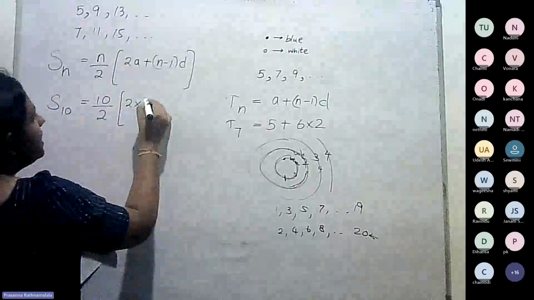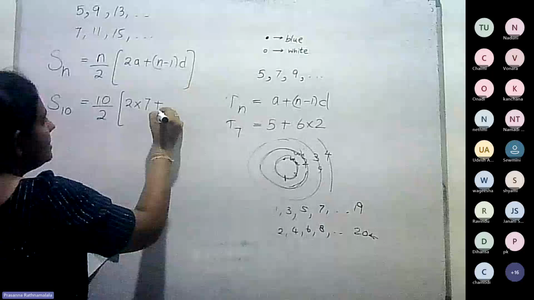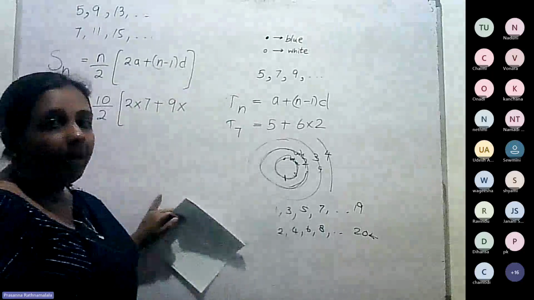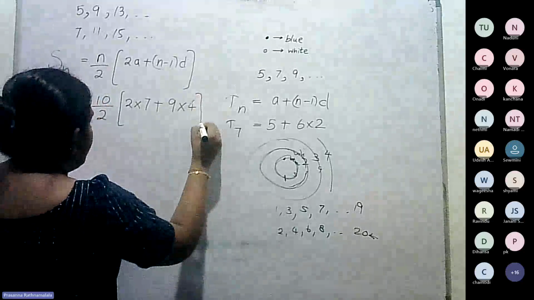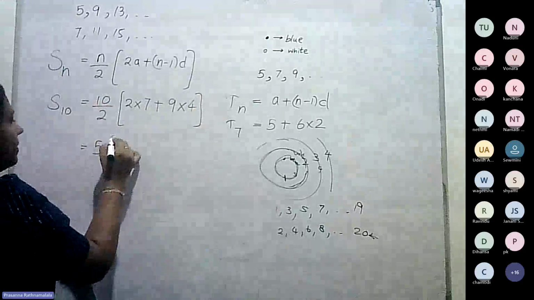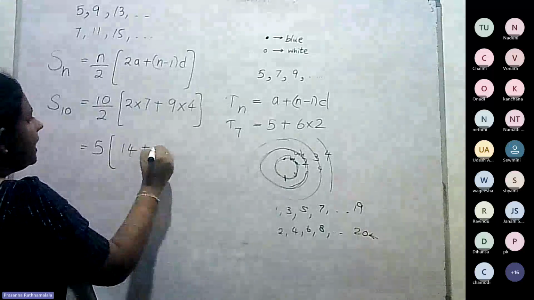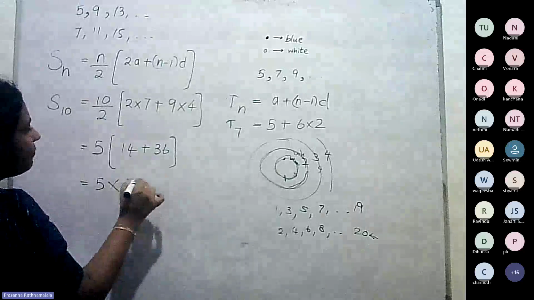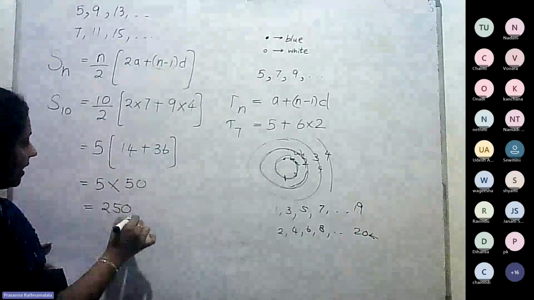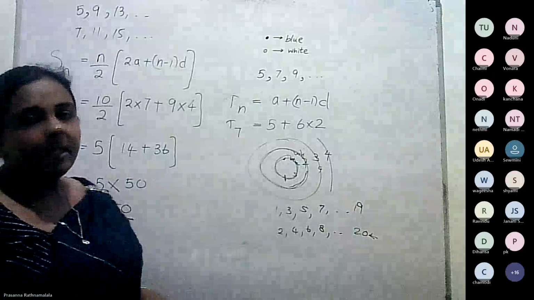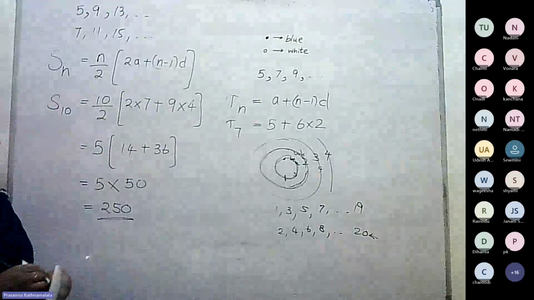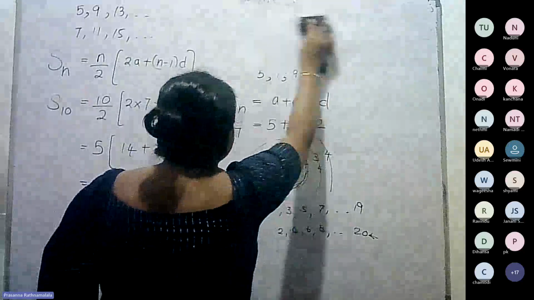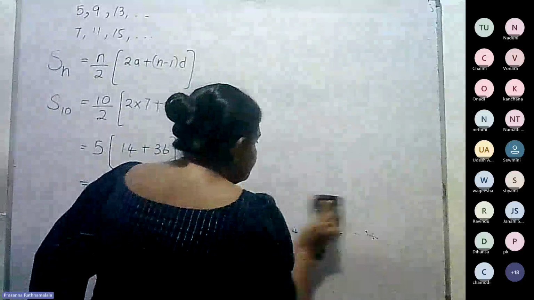Then you substitute 7 for a, plus 10 minus 1, that is 9, d is 4, the common difference is 4. Here is 5 times (14 plus 36), 5 times 50, that is 250. That is the number of students wearing white color costumes. Right. Next one.